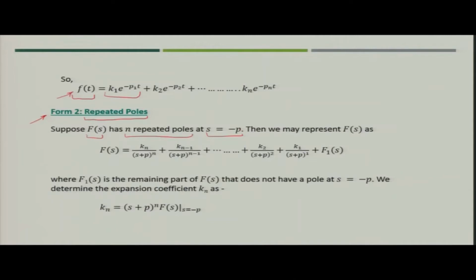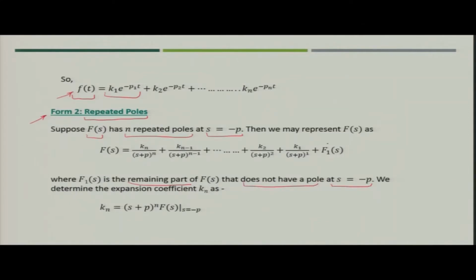Then you can write F(s) as K_n upon (s plus p) to the power n, plus K_(n minus 1) upon (s plus p) to the power n minus 1, and so on, and the last term F1(s) is the remaining part of F(s) which does not have a pole at s equals minus p.